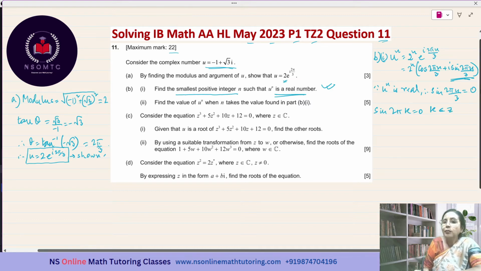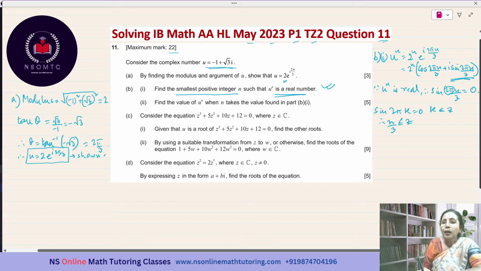So, since 2 pi is there, n over 3 is equal to k. So n over 3 should belong to the set of integers. That means n over 3 should be an integer.